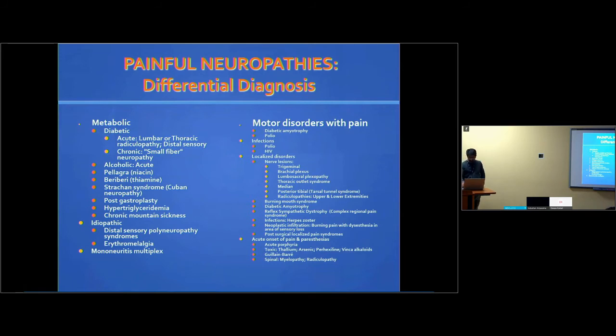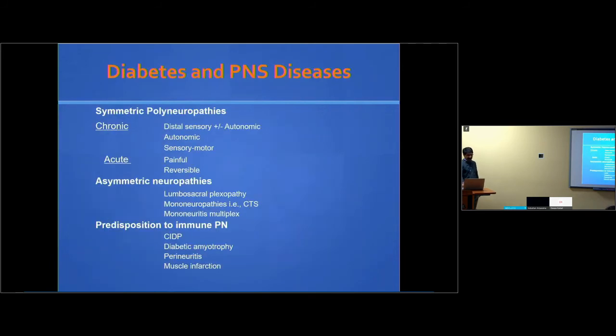But neuropathy-wise, I thought we could maybe talk a little bit about diabetes, which is the number one cause of neuropathies in Canada, and what it leads to. What we commonly see is distal sensory, autonomic, or sensorimotor neuropathy. These are more common.